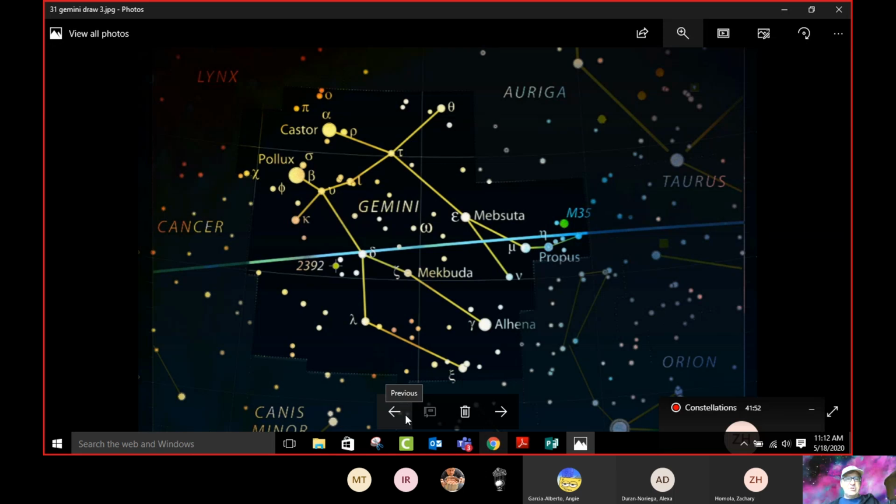Next we have Gemini, the twins. We're going to simplify our drawing beyond what this shows, but you can start by drawing the two twin stars, Castor and Pollux, the brightest stars of the twins. And you can see by the stick figures that they kind of look like two people, like arm in arm here. Castor and Pollux, the twins of Gemini.